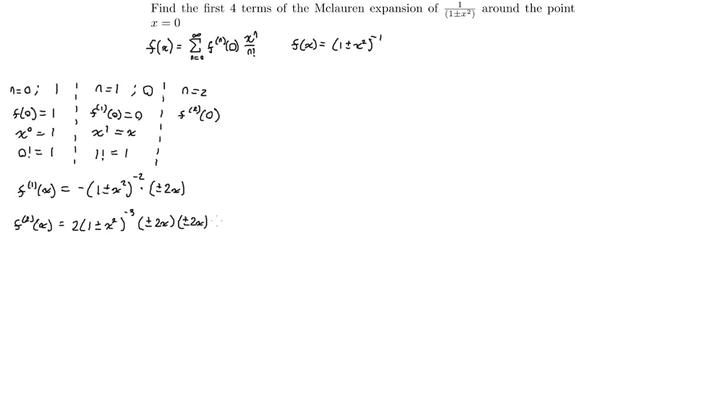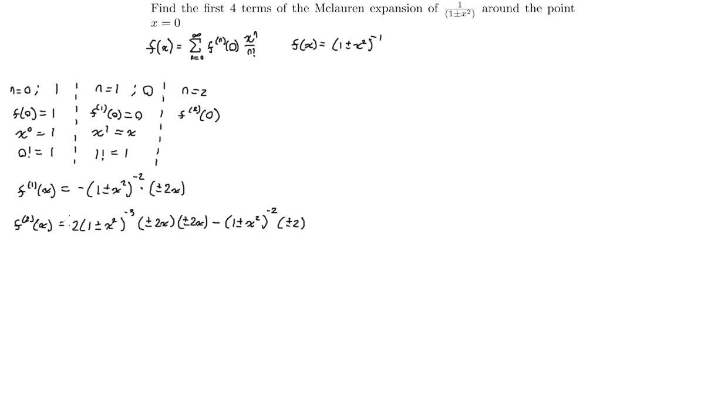And then we're going to have plus this guy. So actually I should probably put minus there. So minus (1 + x^2)^(-2) times the derivative of this guy, which would just be plus negative 2.